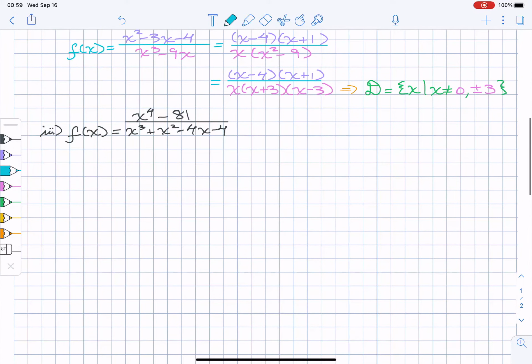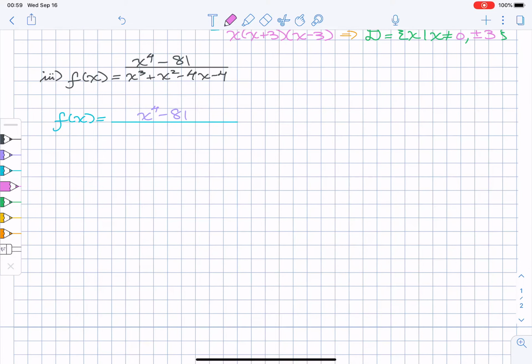Okay, so rewriting, we have that f of x is equal to, in the numerator, x to the 4th minus 81. In the denominator we have x cubed plus x squared minus 4x minus 4.